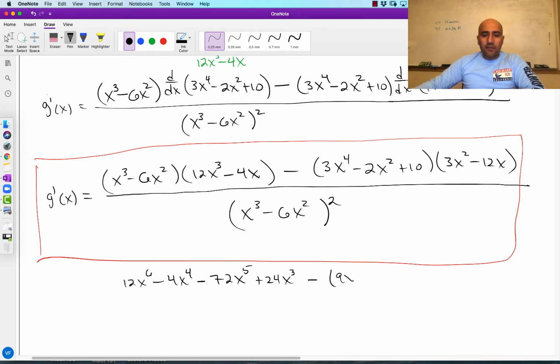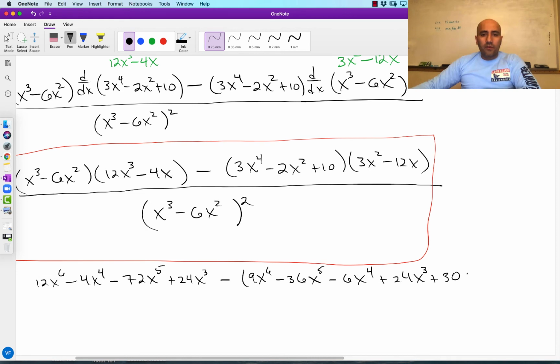9x to the 6th power minus 36x to the 5th power minus 6x to the 4th power plus 24x to the 3rd power plus 30x squared minus 120x.